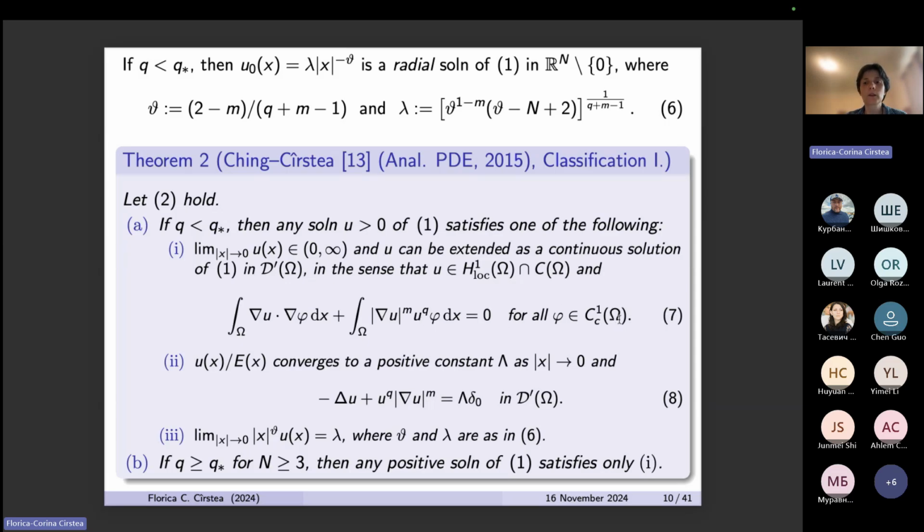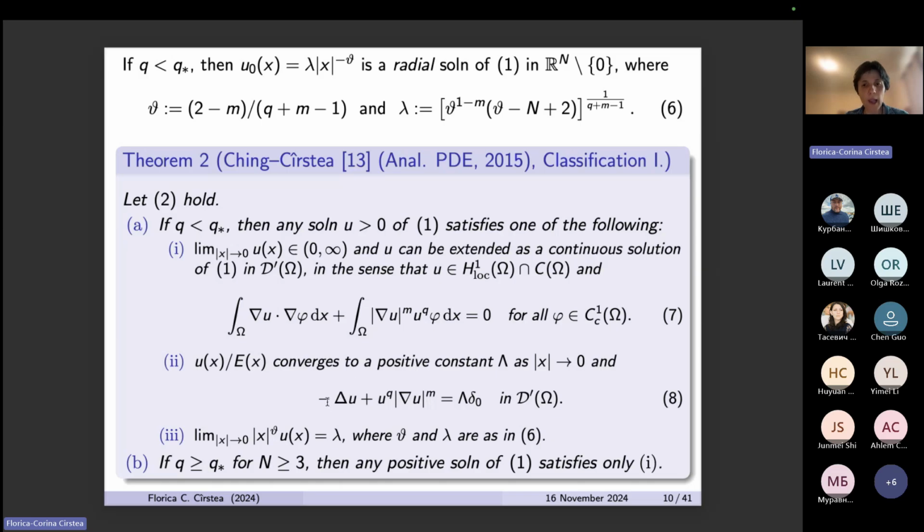We can take the test function C1 with compact support in omega. Okay, the second possibility says that u has a weak singularity at 0, that is, u divided by the fundamental solution of the Laplacian has a positive limit at 0.